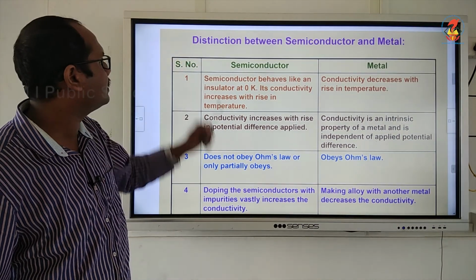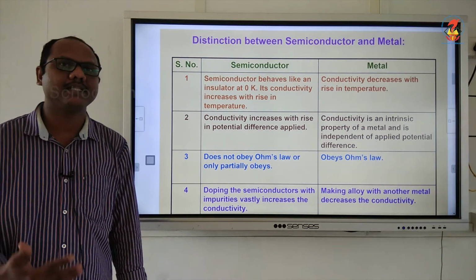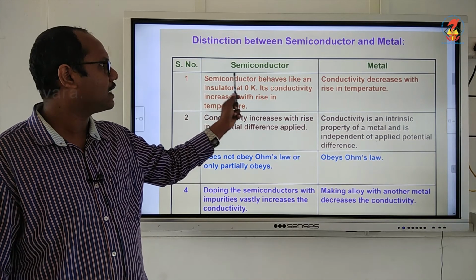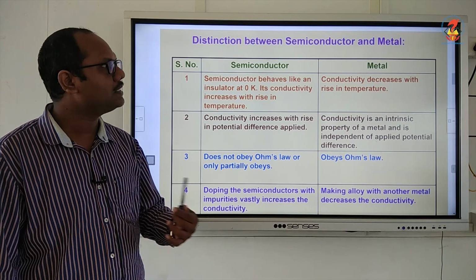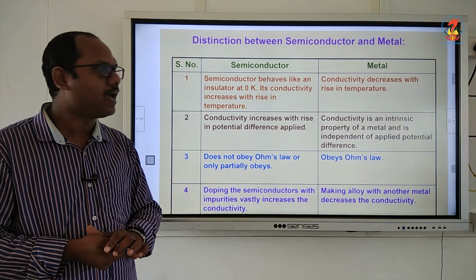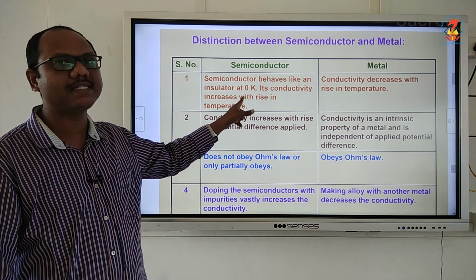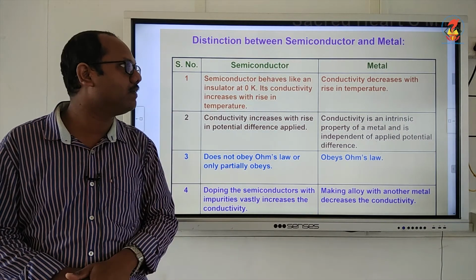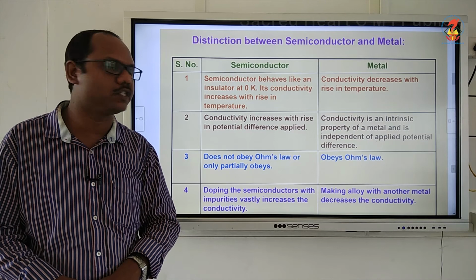Similarly, see the next one, distinction between semiconductor and metal. Semiconductor behaves like an insulator at 0 Kelvin, whereas metals remain conductors itself. When temperature increases the conductivity of a semiconductor will increase, whereas in metals the conductivity decreases with rise in temperature.